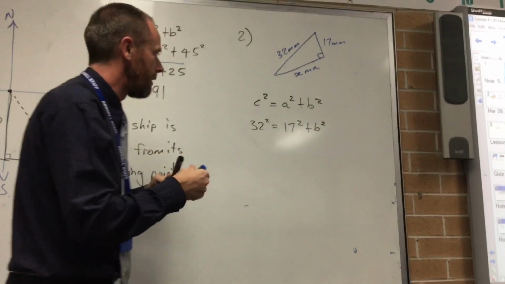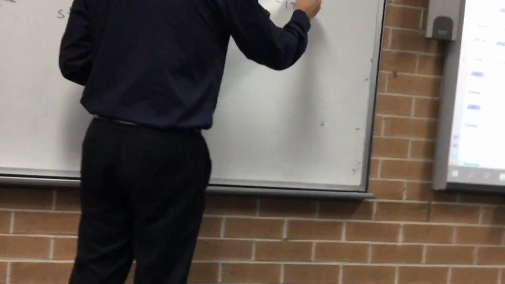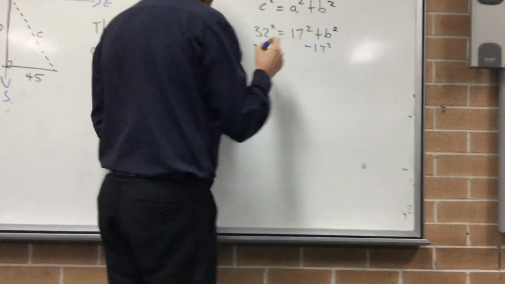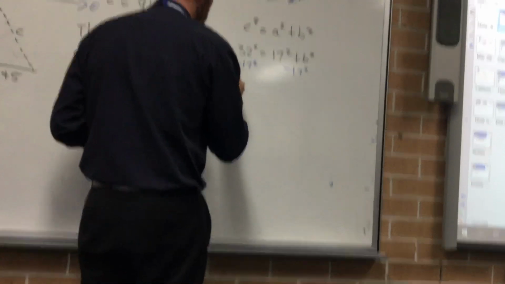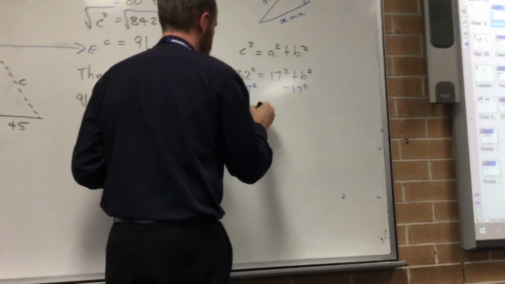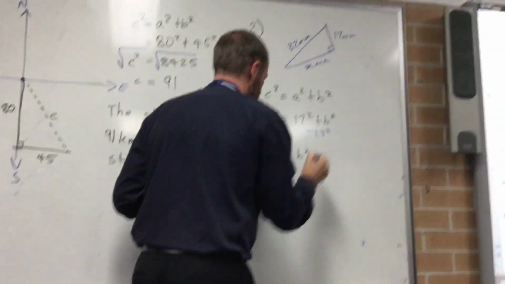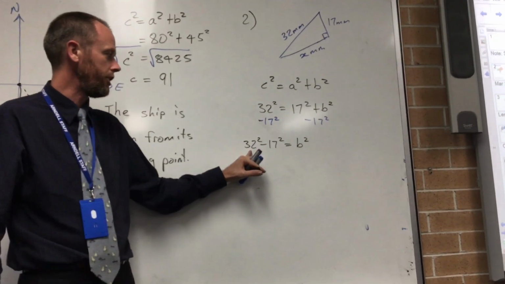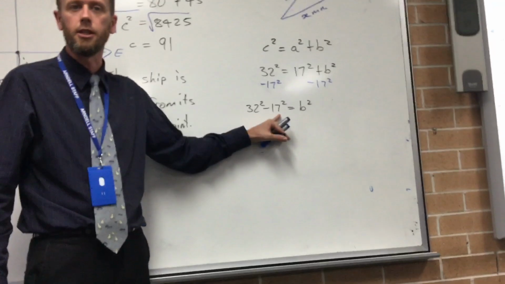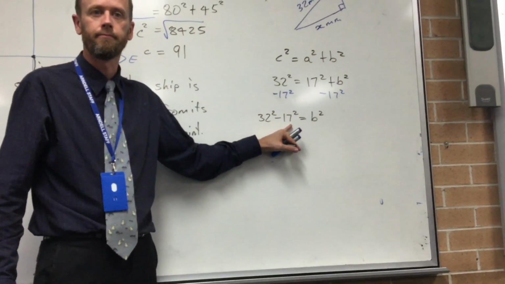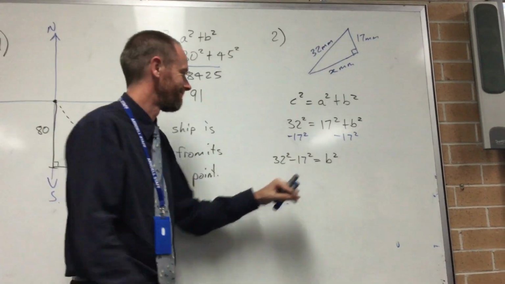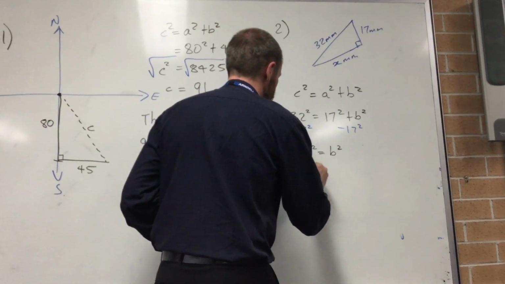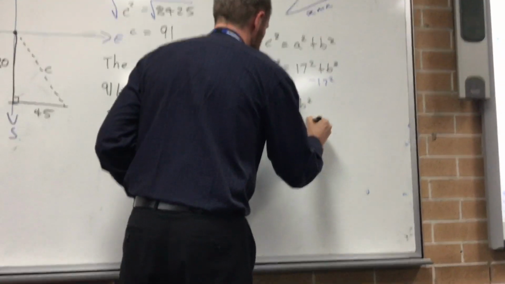To make it easier, I just take 17 squared away from both sides, and then I will have 32 squared minus 17 squared is equal to b squared. Again, someone with a calculator please, to tell us what 32 squared minus 17 squared is equal to. 735. So 735 is equal to b squared.